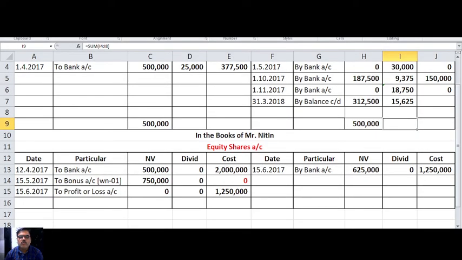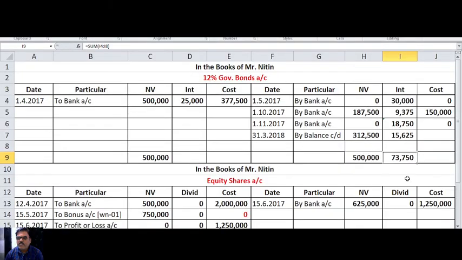Now you can close interest. Total on debit side, the credit side is 73,500, and you have to write over 73,500. Now whatever the profit or loss that we receive, we have to write over here as to profit and loss, that is 48,750.